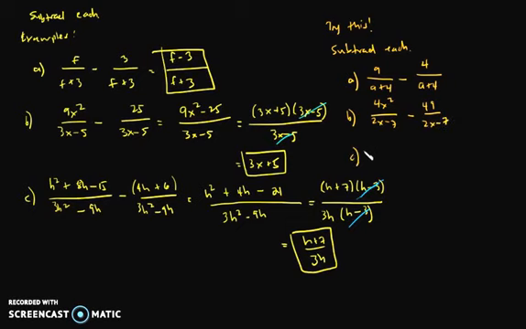Then for the last one, you have b squared plus 8b minus 6 over 4b squared minus 8b minus 5b plus 4 over 4b squared minus 8b. Okay, so that is your part.